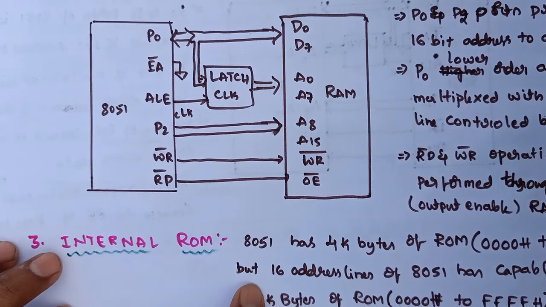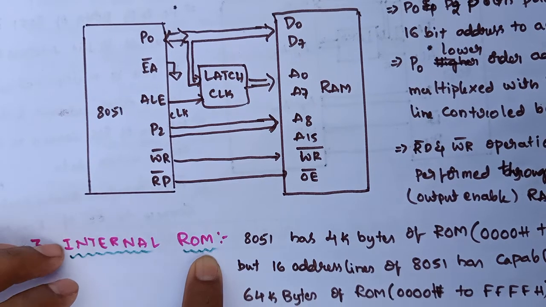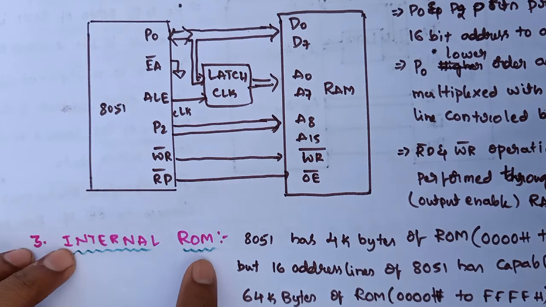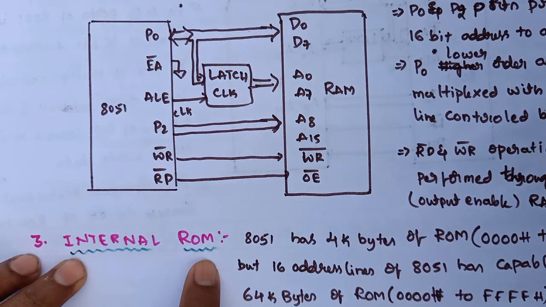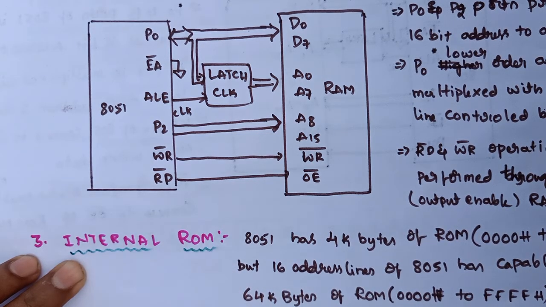ROM is a non-volatile memory. That means once we write the information in this memory location, we can store it for a long period. Even if the power fails, the data will not get erased. Therefore we use it as a program memory.